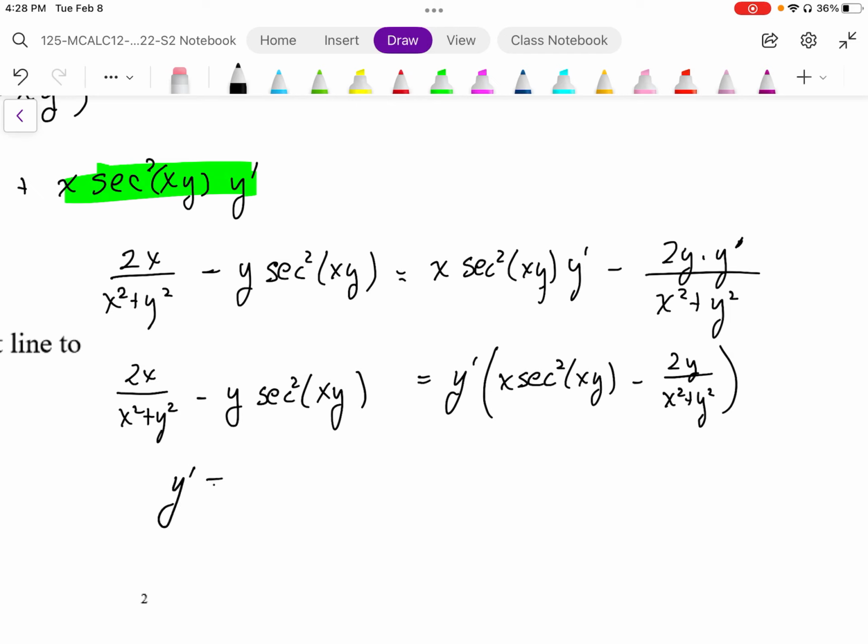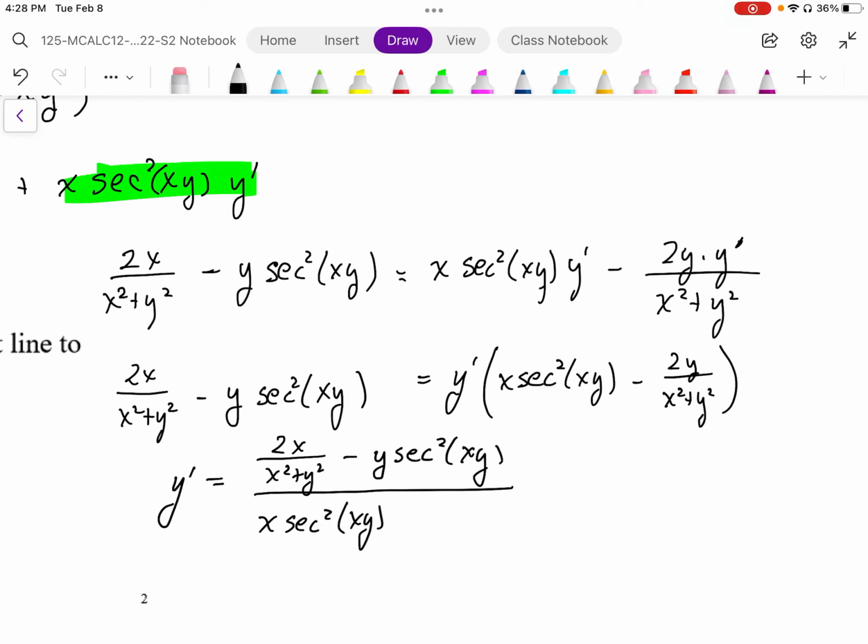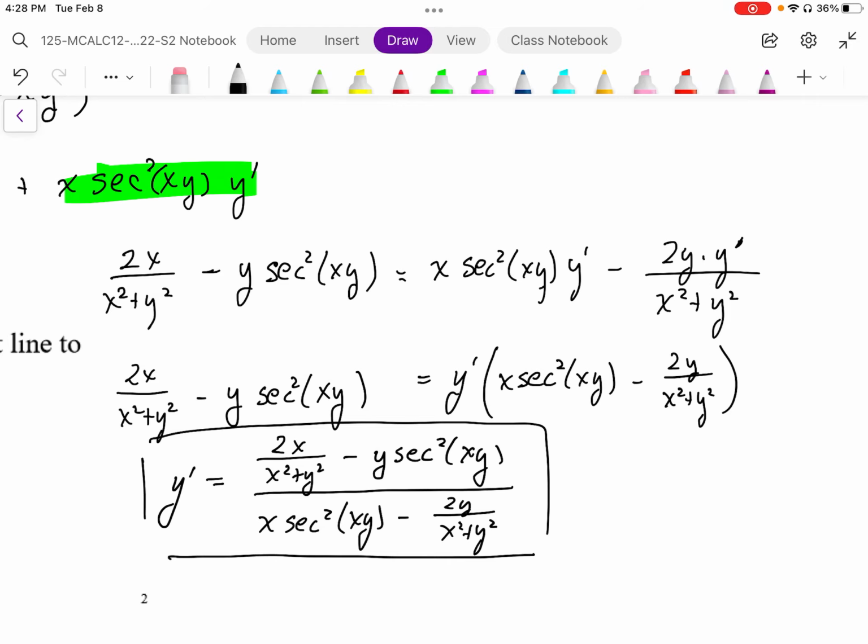Although it looks kind of messy, it is pretty messy, and it might not be worth simplifying this. If you leave it like this, usually that's good enough. So this answer is probably good enough.